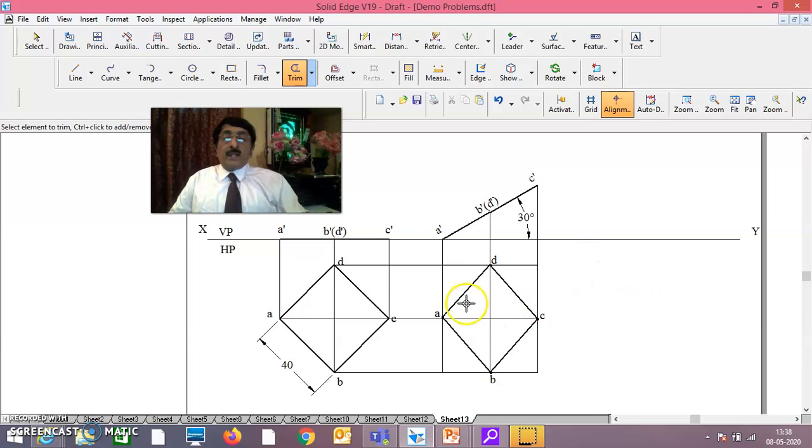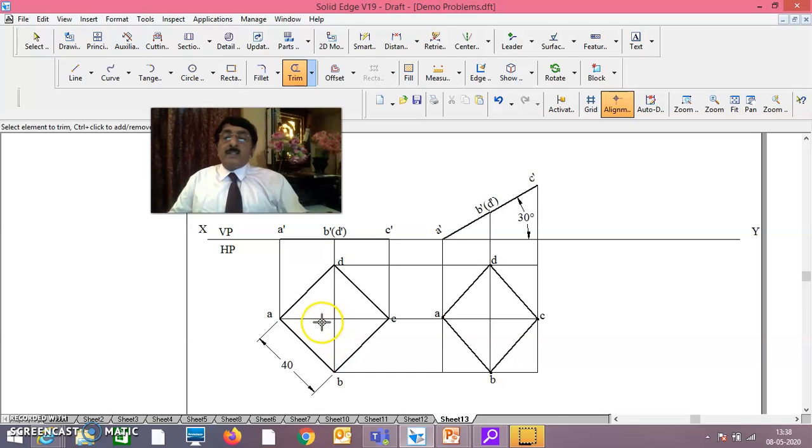Now you see here, when the square lamina has a corner on HP, surface or diagonal inclined at 30 degrees to HP, when you are looking from the top, this is how it appears. All lengths AB, BC, CD, DA have all reduced because they are all inclined to HP. As they are inclined to HP, in the top view it reduces.